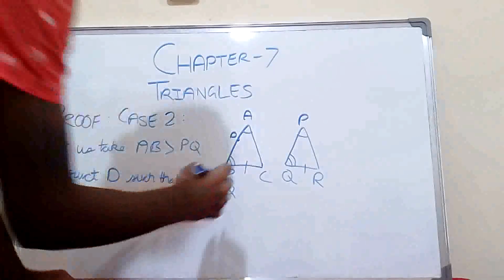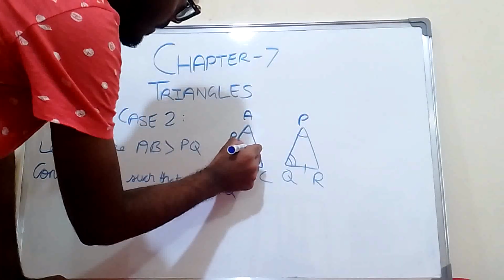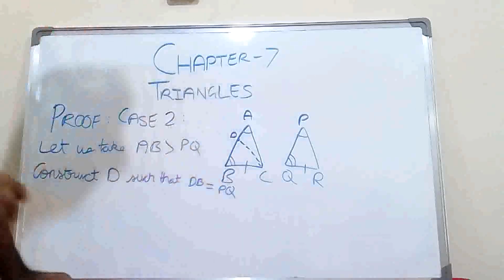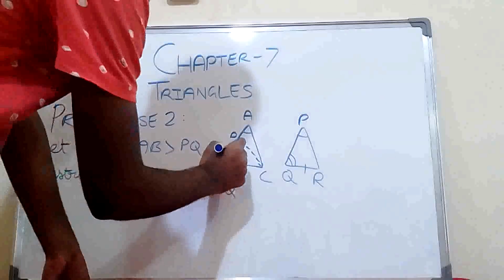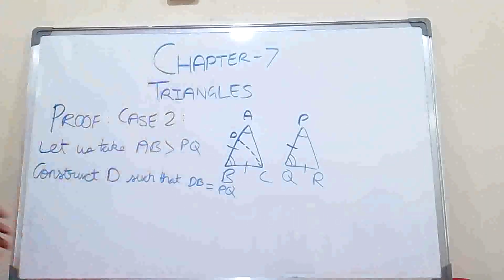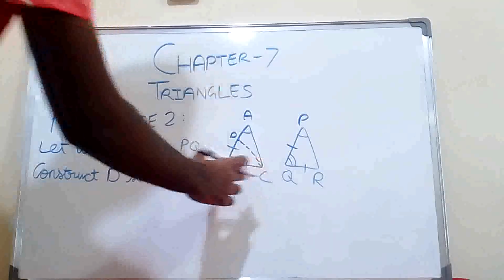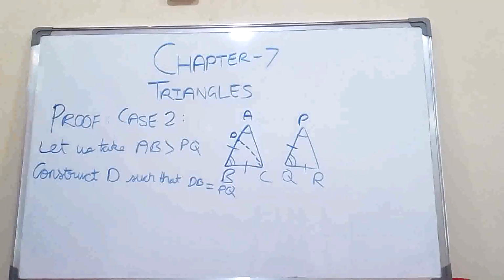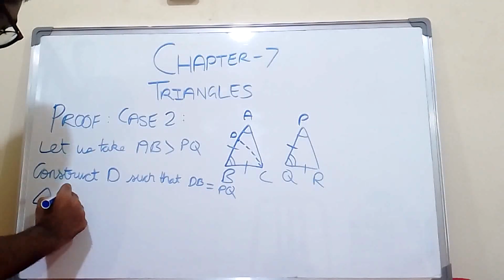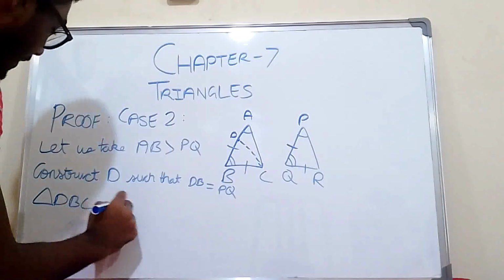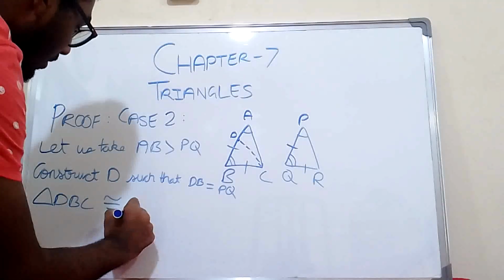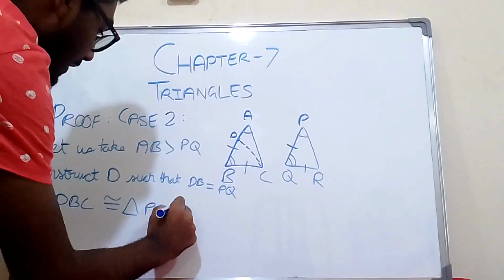Now because DB equals PQ, we can join DC here. Now we can see that this side is equal to this side, DB is equal to PQ. And again, using SAS, we can prove that DBC equals PQR. I won't show again how we proved that using the statements. I'll just directly write that triangle DBC is congruent to triangle PQR.